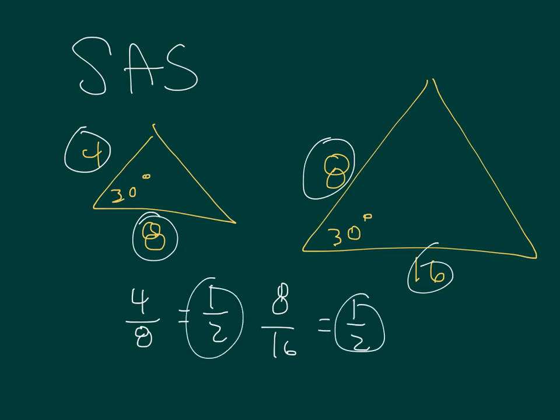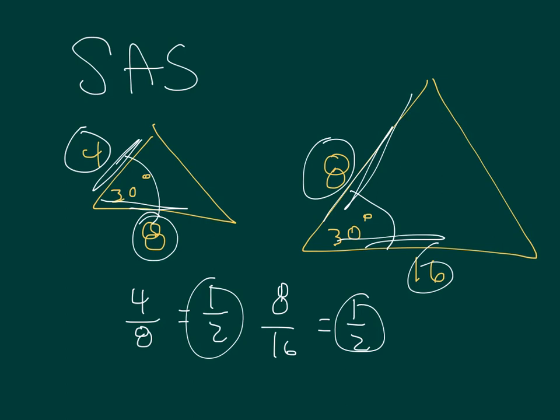So these are proportional sides. And notice the included angle of 30 degrees. It has to be the included angle for the side angle side similarity shortcut to work. Included angle is the angle in between two proportional sides.